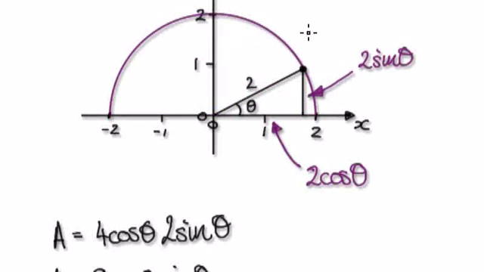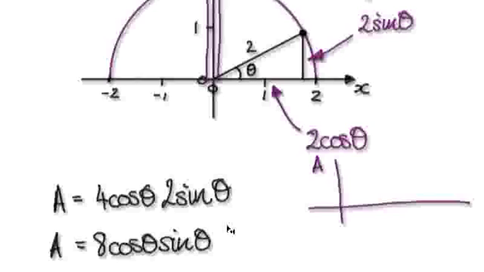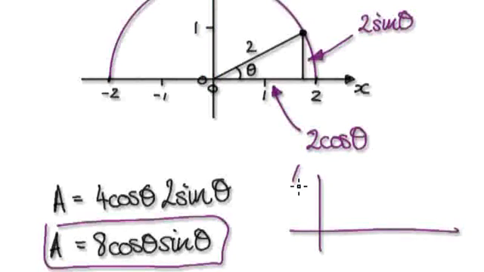When theta is near pi over 2, which is near 90 degrees, the area here will be tiny. Okay, so we know that at the two extremes. So when you get to this stage here, you in effect have a graph of A versus theta.